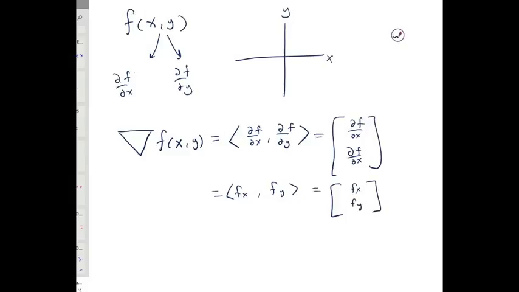So this vector, and we'll go into its properties later, but it's pretty much, let's say we have df dx, df dy. This vector is going to be the vector sum of those two.